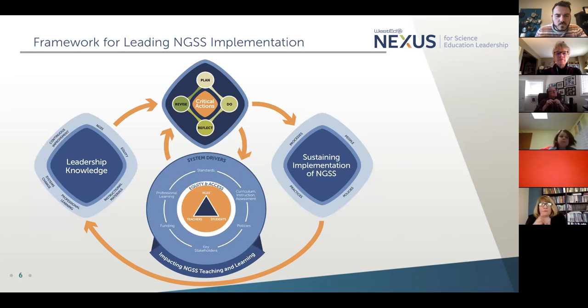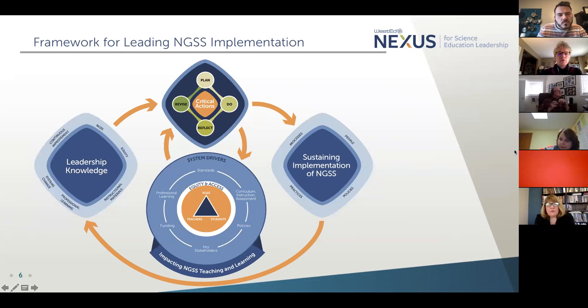So going from left to right, as we begin to ask the question of what do leaders need to know and be able to do to implement NGSS implementation, we identified six primary areas of leadership knowledge. And in a few minutes, I'll talk a little more about each of those.